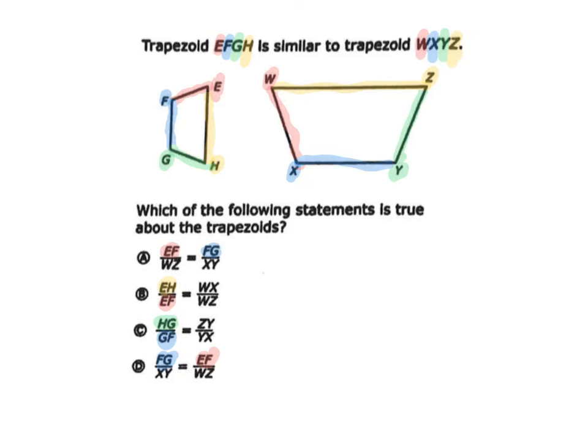Start with the first one, W to X, which is red. Go on to the next one, green, or blue, sorry, XY, or YX. And the third one, YZ or ZY. And the last one, WZ or ZW.